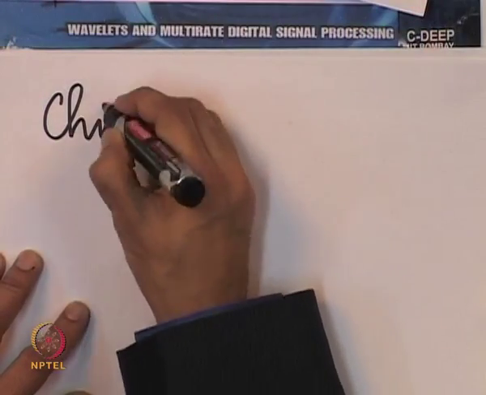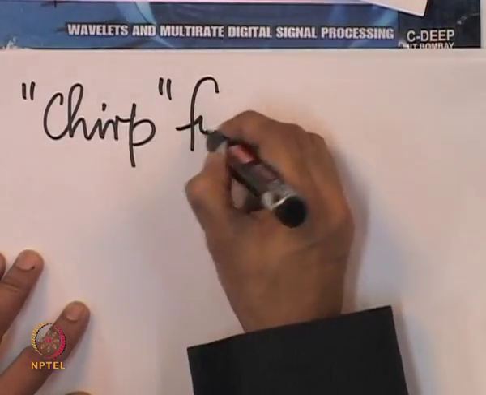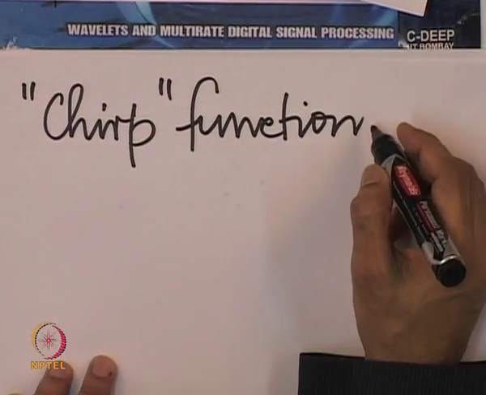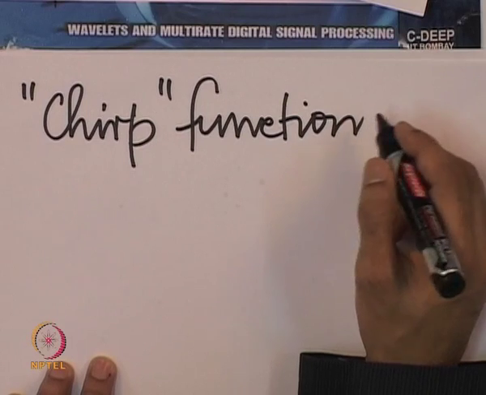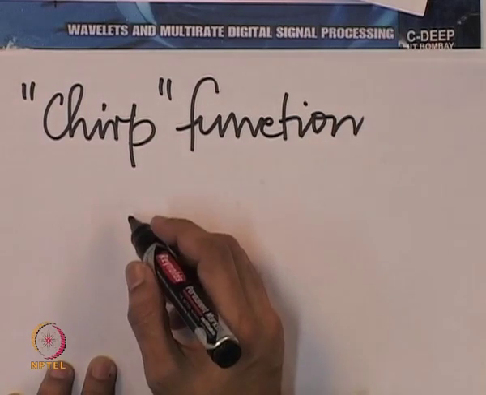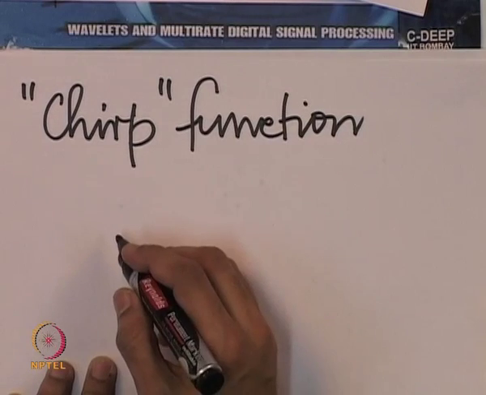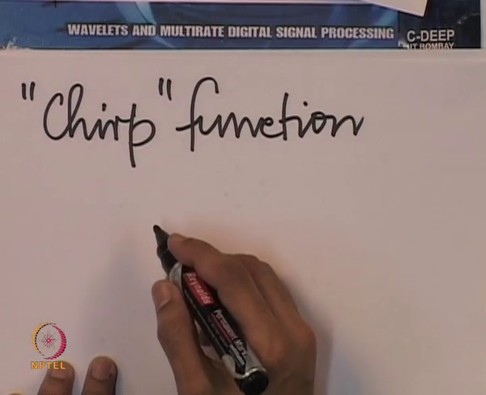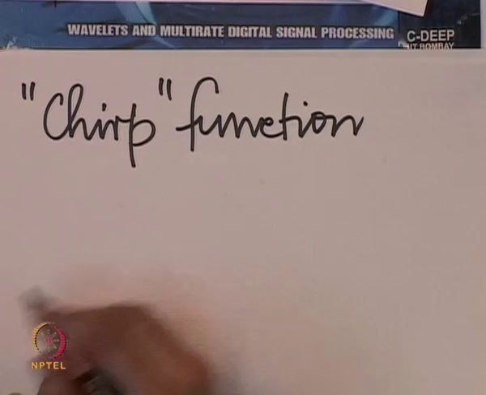Let me give an example. Suppose I have what is called a chirp function. A chirp function is named after the sound of birds. When birds chirp, broadly or crudely, the chirp waveform has a pattern which is a continuously changing frequency in time, instantaneous frequency.